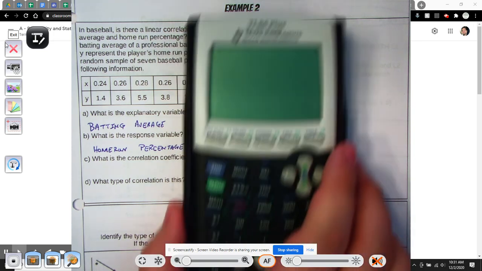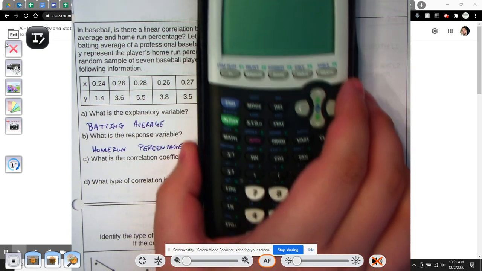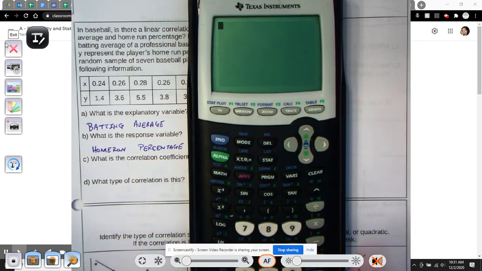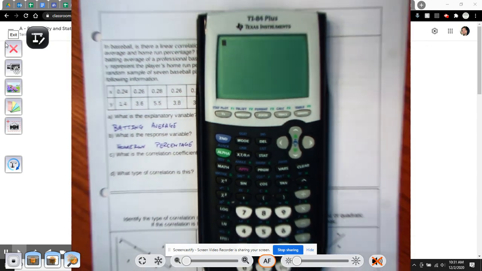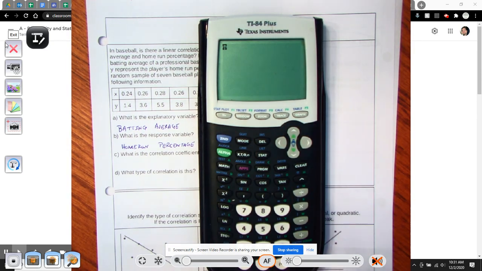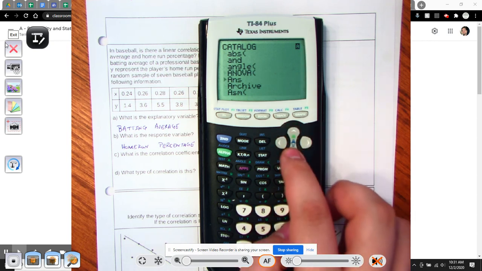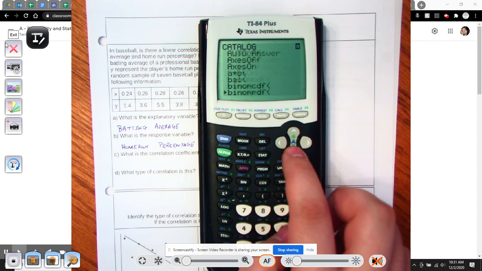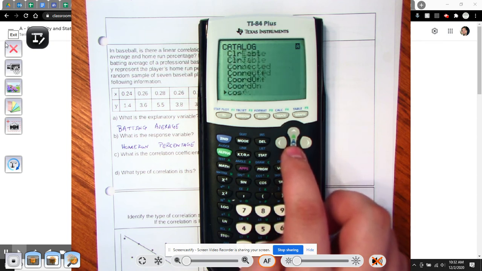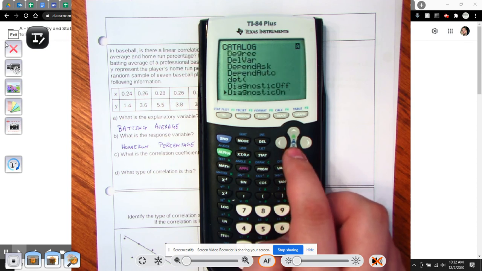So first thing we need to do, since you pulled up a calculator, we need to hit second 0, and then we can hit up, go down to diagnostic on, and this is in alphabetical order, so use a little bit of logic to find out where it is.